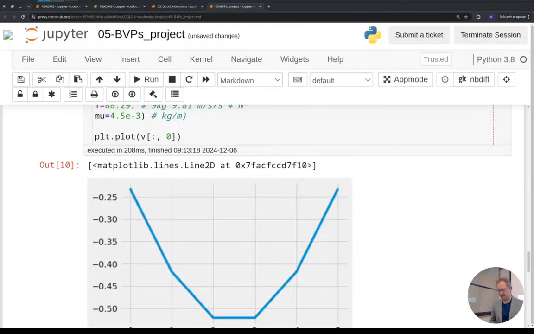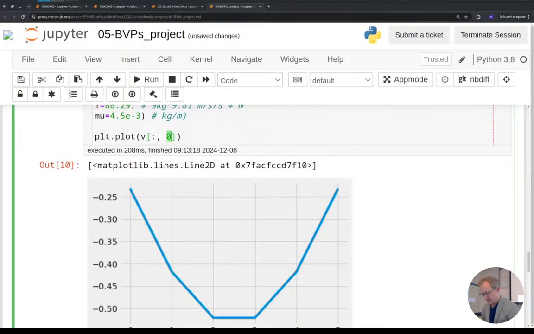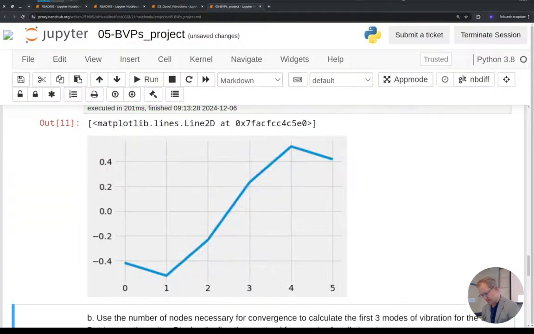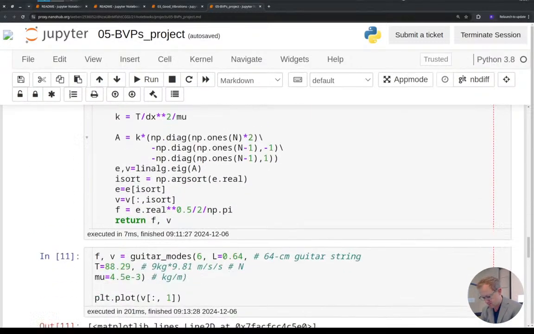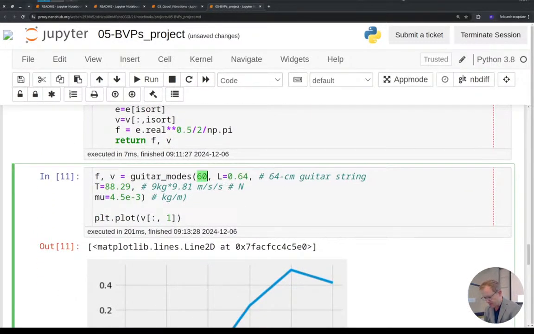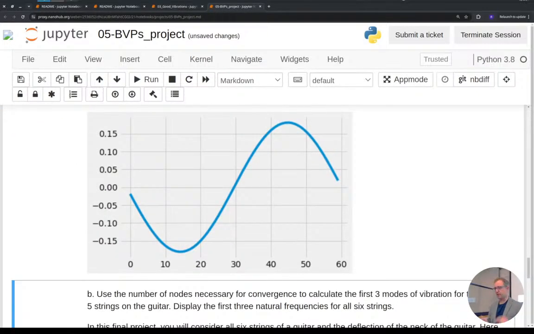So when I look at column 0, it's half of a sine wave. And if I look at column 1, it's a full piece of a sine wave. I still need the boundary conditions in there, but the more points that I have, the smoother that mode shape is going to look, because we're solving for, in that vibration mode, how all the nodes are connected if it's vibrating only in that mode.